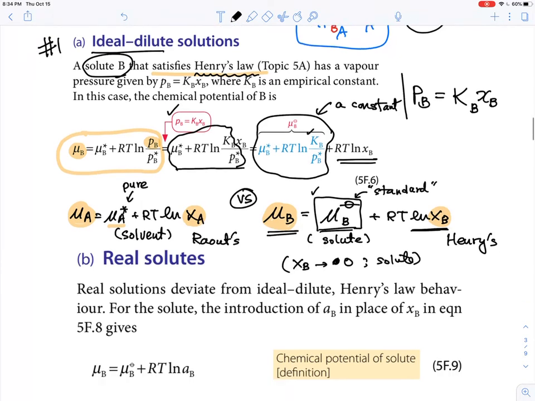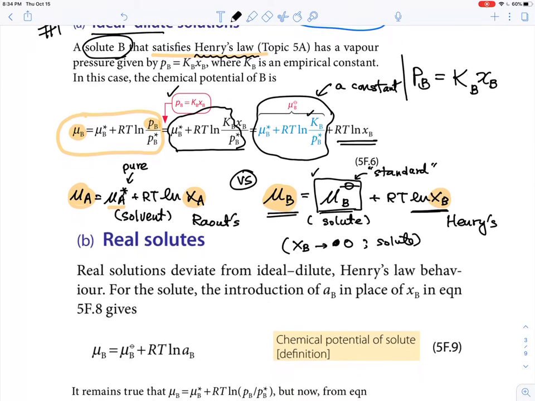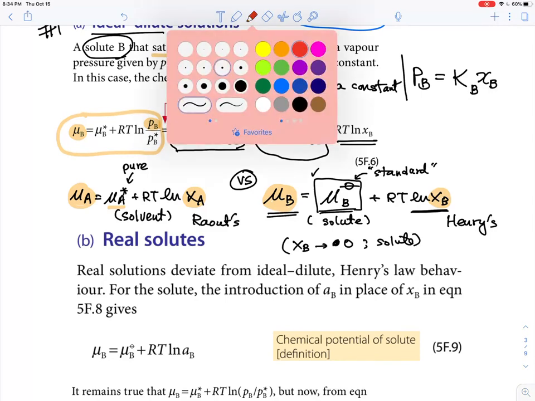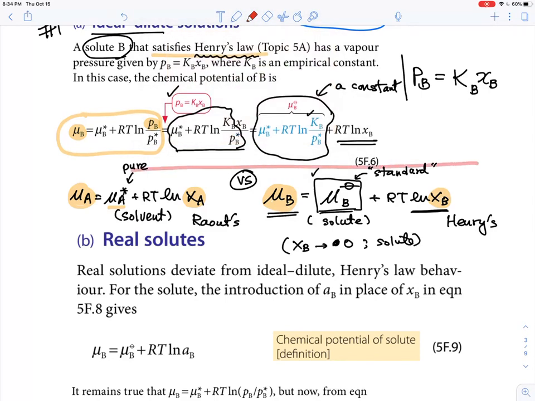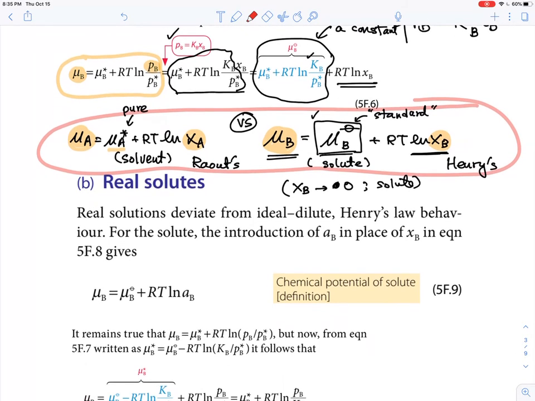But generically now we are going to modify those two equations to a much more generic relationship, which is shown up here, but I'm going to write it down once more just to make sure.